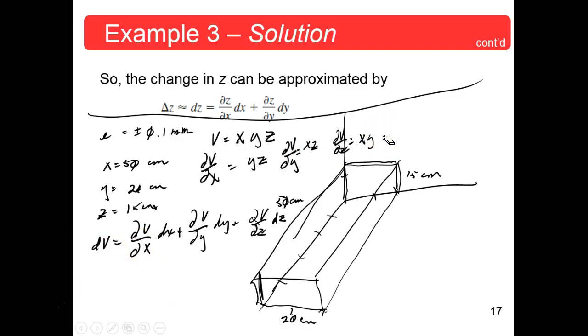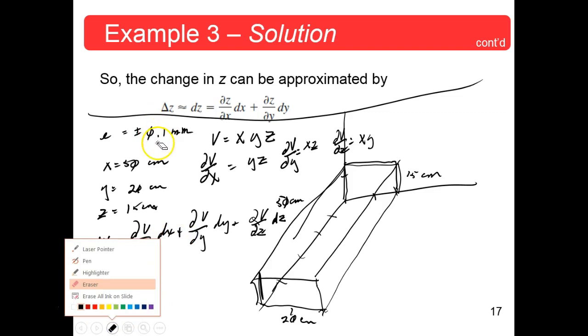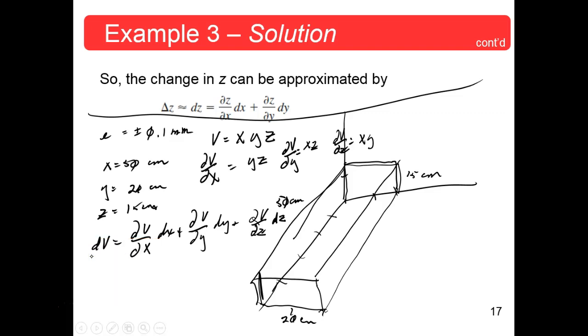Now the next thing I was going to do, your dx, dy, and dz are all 0.1 millimeters. But we have a problem, Houston. These are all in centimeters, and that's in millimeters. So that would be 0.01 centimeters.